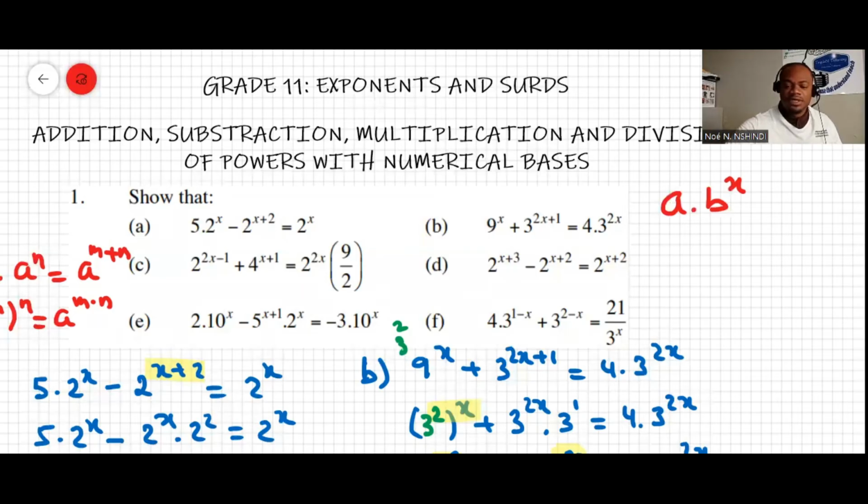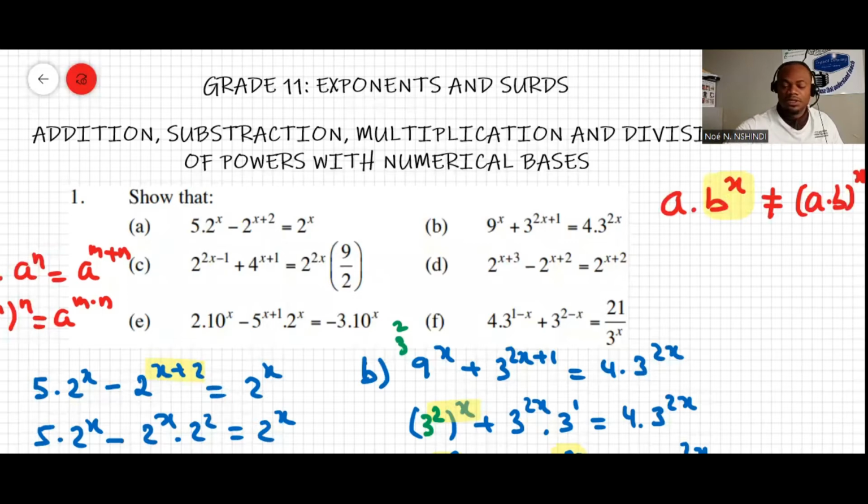Note that b to the power of x here will be the exponential variable, because the variable is x, an unknown, the exponent is a variable. This is by no means equal to a times b, to the power of x.